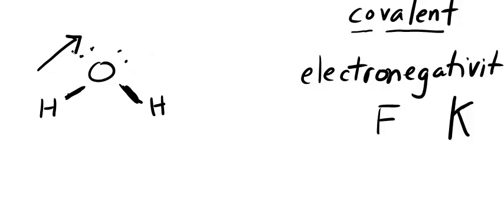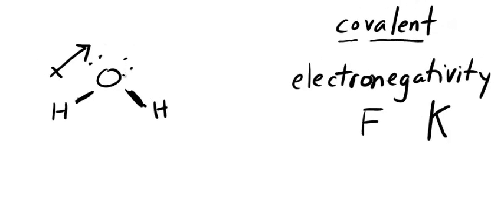So we can represent that with an arrow, and then we put a little line through the arrow, and this looks like a plus sign, which can tell you this is the positive end. So in other words, if the negative electrons are being pulled closer towards the oxygen, it makes kind of a negative end to this molecule.